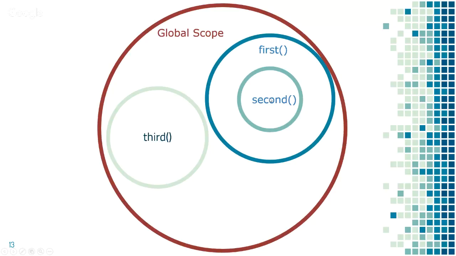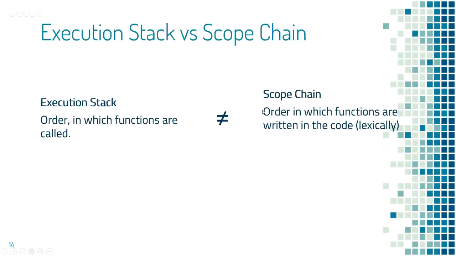So the first and the second function don't have anything in common with the third function. Hopefully that's a bit clearer on what scopes and the scope chain are. It's execution contexts that store the scope chain of each function inside the variable object, but they do not have an effect on the scope chain itself.